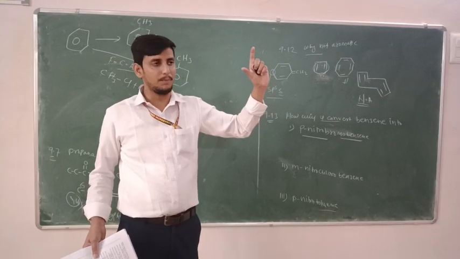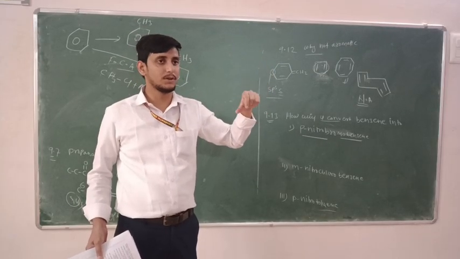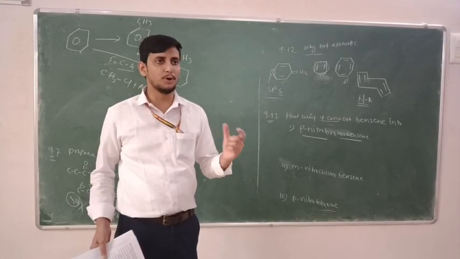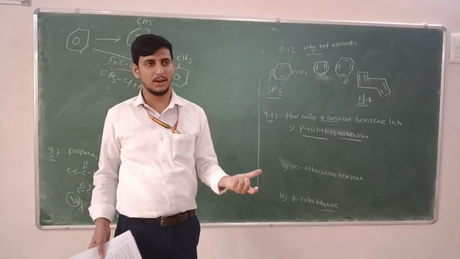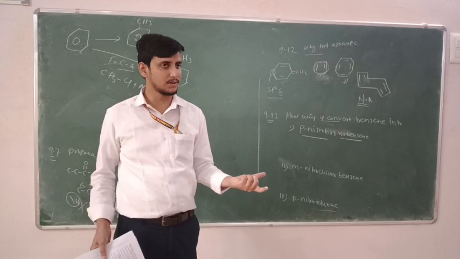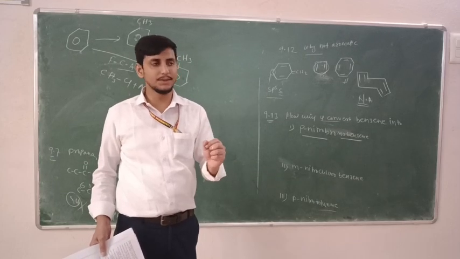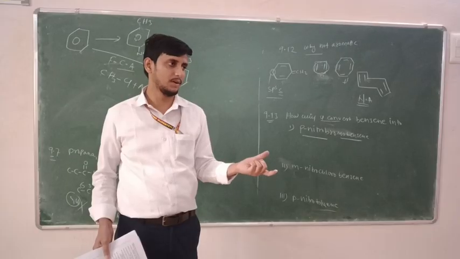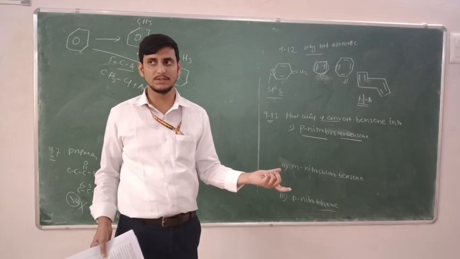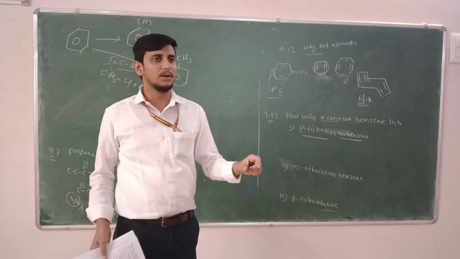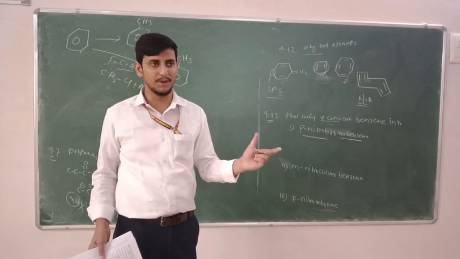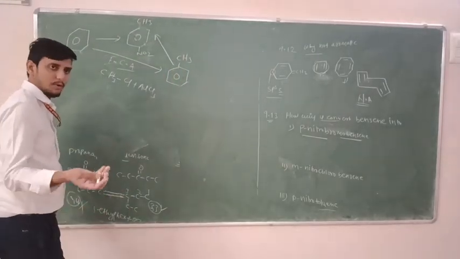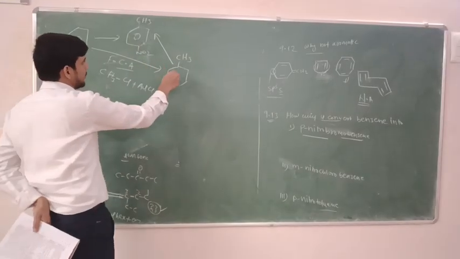Whenever toluene undergoes chlorination or nitration, the ortho product will be major. Second case, when phenol shows hydrogen bonding, that time the ortho product will be major. And for the remaining, generally the para product is major. So here he asked para-nitrotoluene. Okay, no problem. Both products you can give right now.